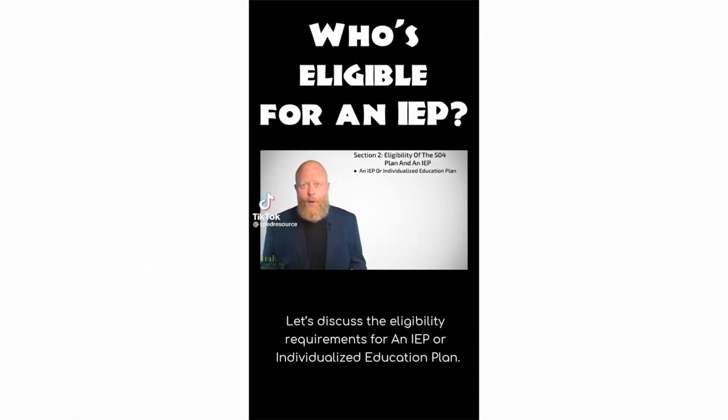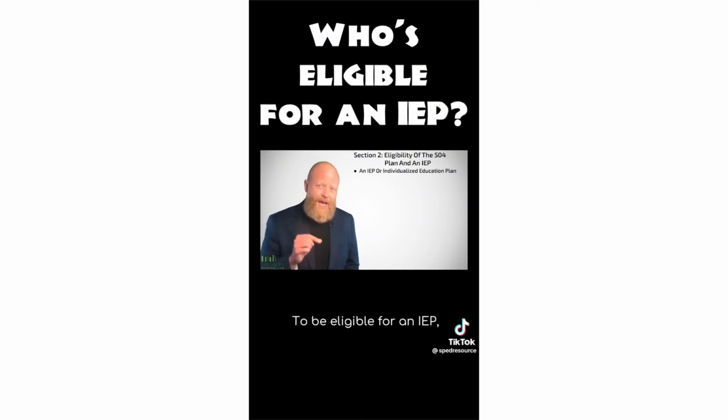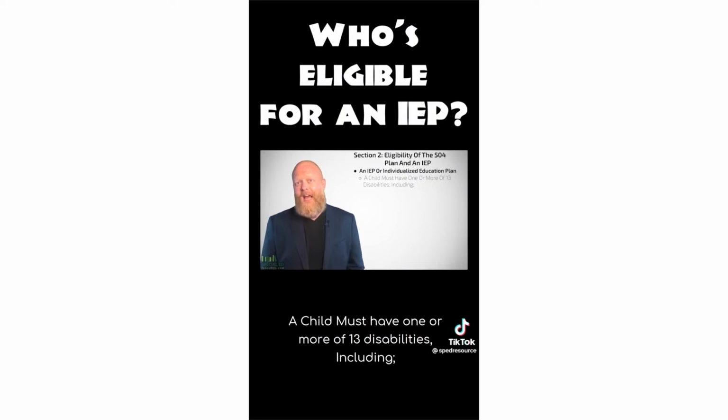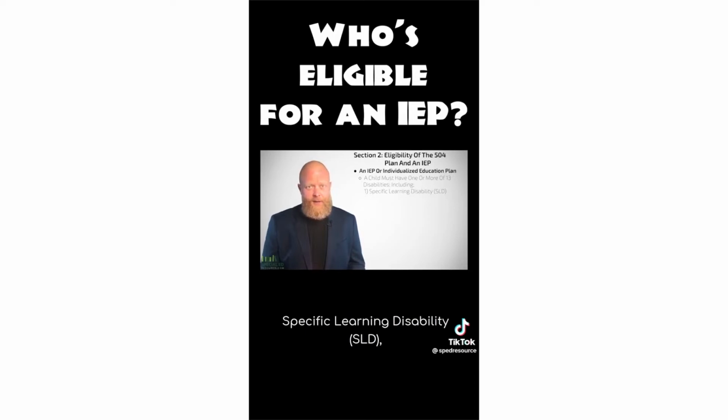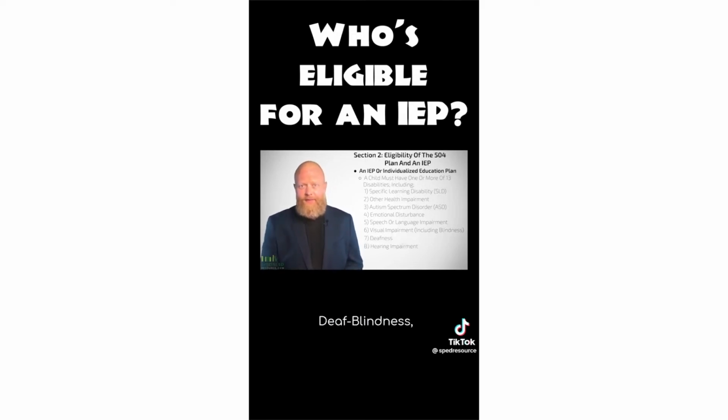To be eligible for an IEP, a child must have one or more of 13 disabilities, including specific learning disability, or SLD, other health impairment, Autism Spectrum Disorder, or ASD, emotional disturbance, speech or language impairment, visual impairment, which includes blindness, deafness, hearing impairment, deaf-blindness, orthopedic impairment, intellectual disability, traumatic brain injury, and multiple disabilities.